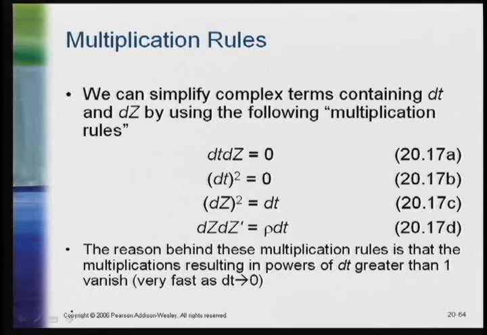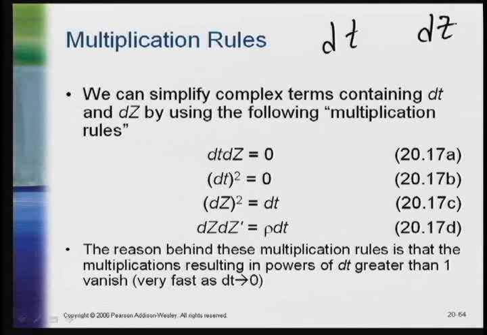Now, we can actually summarize some multiplication rules that apply in many of the Ito processes that we deal with, where we're going to be doing certain multiplications. Every Ito process has a dt term and a dz term. And the question then becomes, what happens when we multiply processes? How do we do the math?